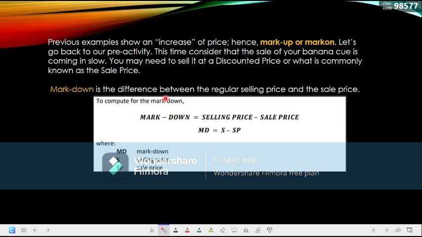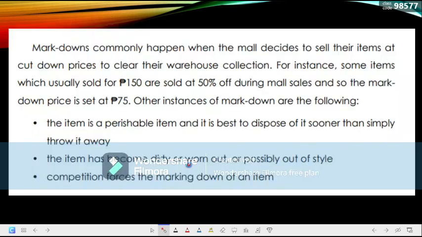Markdown is the difference between the regular selling price and the sale price. To compute for the markdown, we have markdown is equal to the selling price minus the sale price, where MD represents markdown, S represents the selling price, and SP represents the sale price.